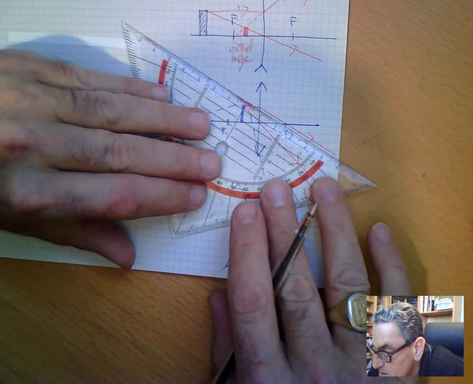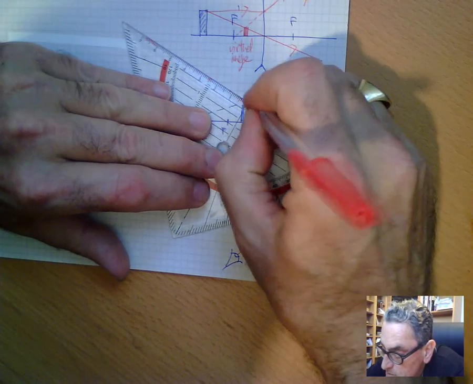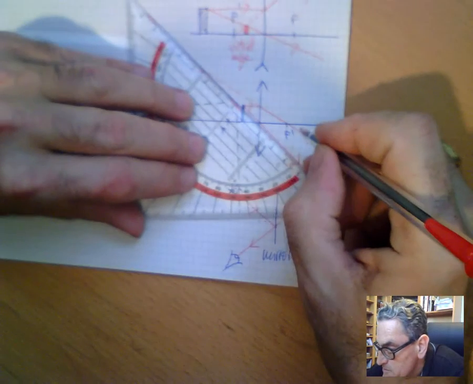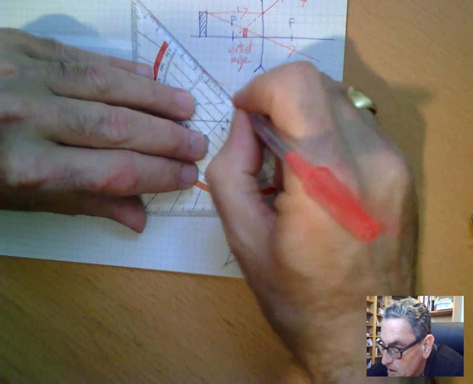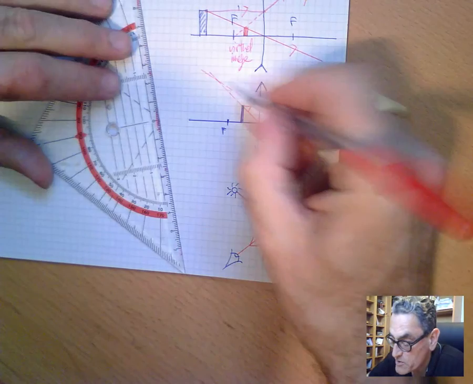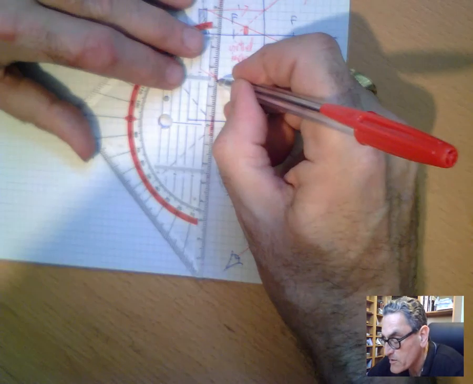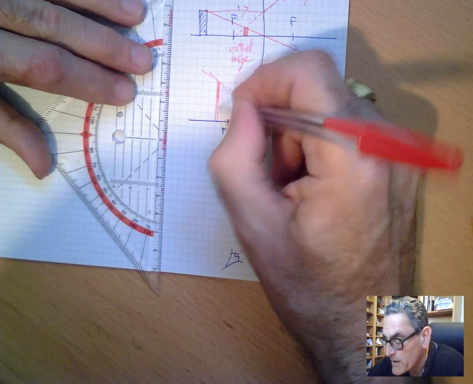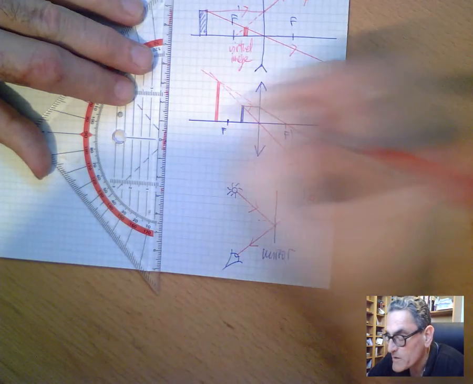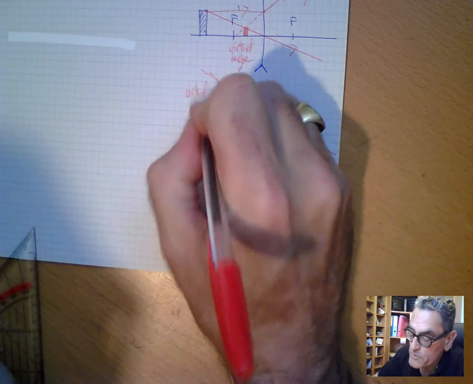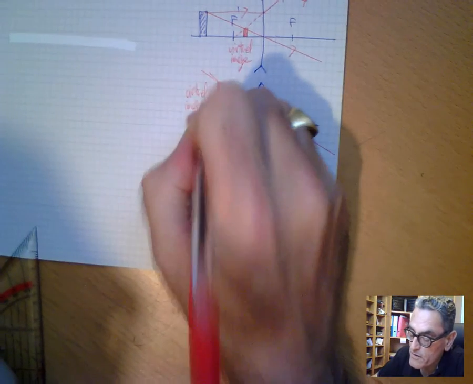If we extend these lines, and these lines should be not plain lines, because there is no light arriving here, then we will see an image here, and this image here is a virtual image, because no light arrives.